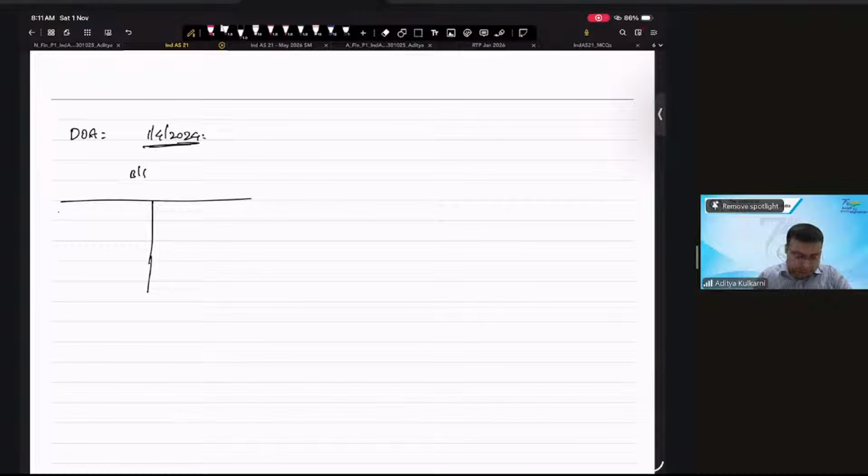This is the balance sheet in USD: equity share capital 500, P&L 500, loan 500, property plant equipment 1000, debtors 500.